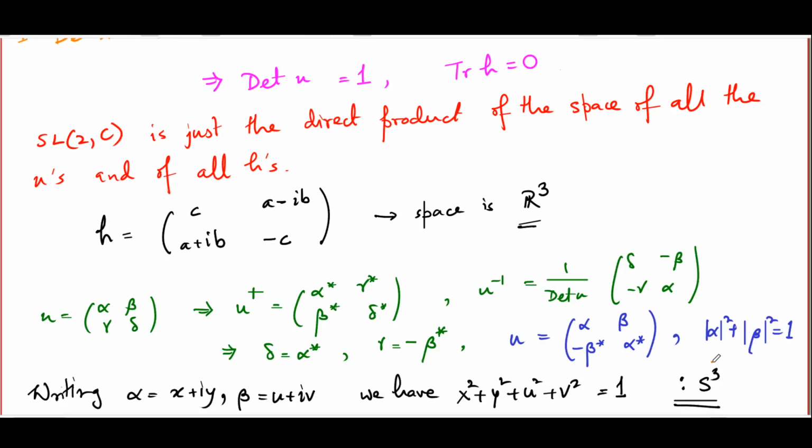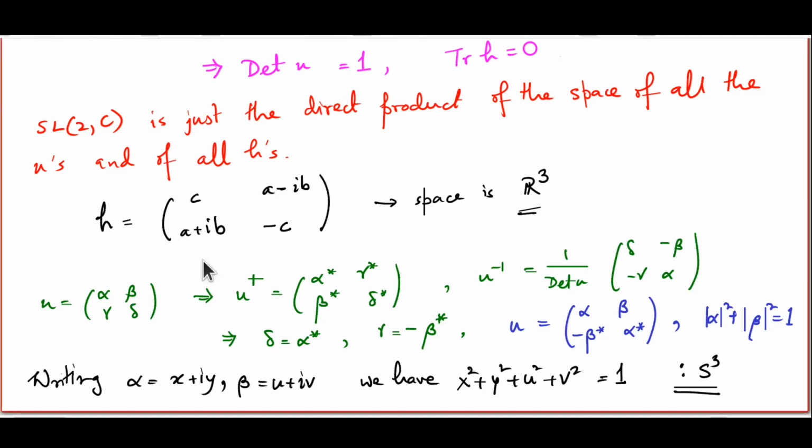This is of course nothing but the equation of a sphere embedded in 4 dimensions. This sphere is called S3 simply because it's a 3-dimensional object. Remember our familiar old sphere, the sphere embedded in 3 dimensions, is actually S2 because it is described by only 2 independent parameters. Here we are dealing with S3.